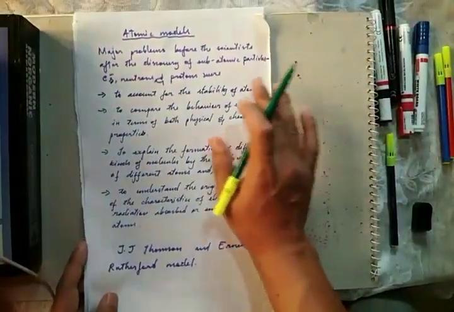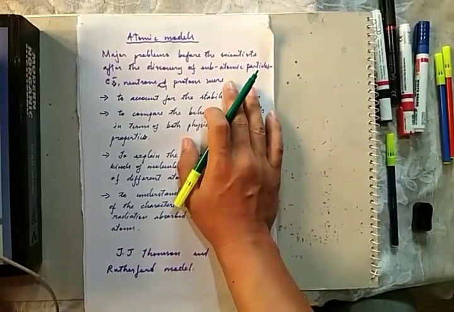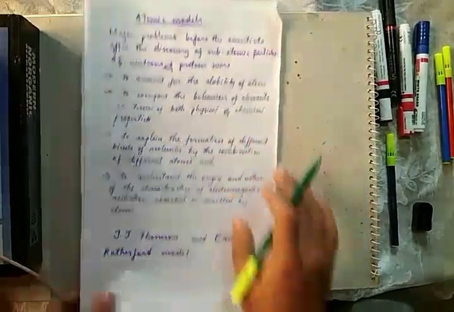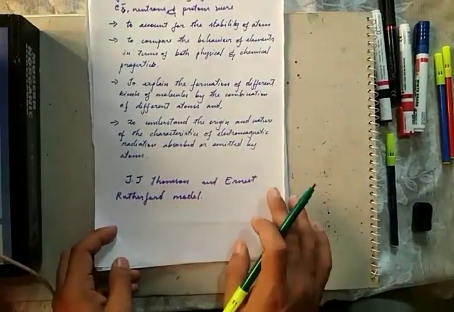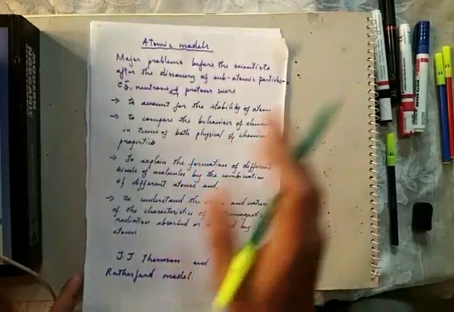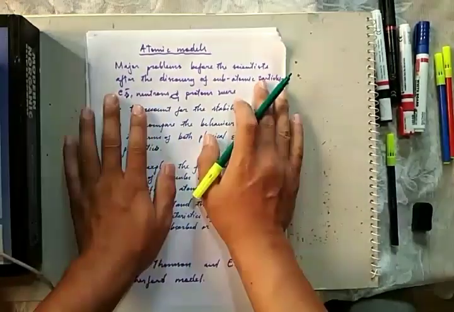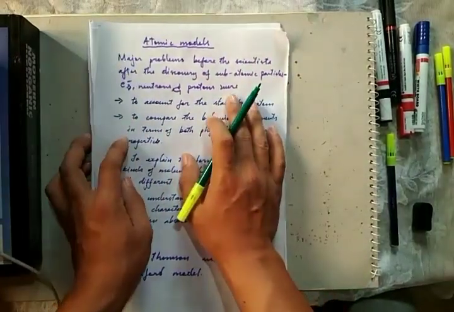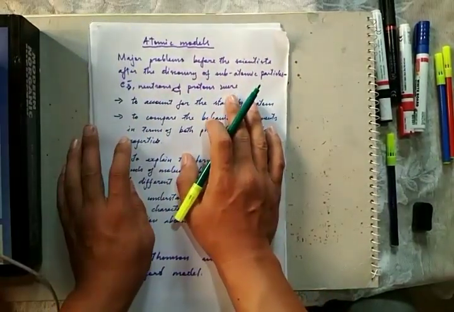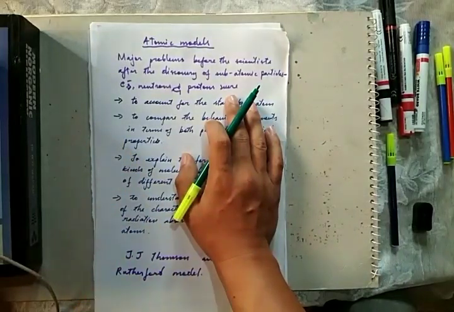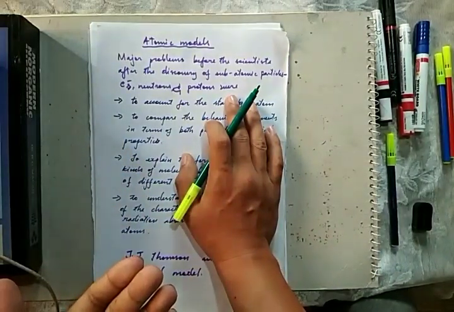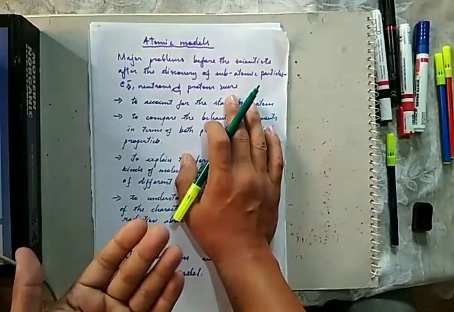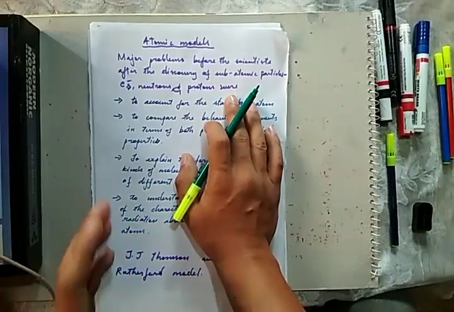The next topic is atomic models. In atomic models we are going to discuss J.J. Thomson, Ernest Rutherford, and Bohr's model. After the discovery of the subatomic particles, electrons, protons, and neutrons, there were many challenges faced by scientists.